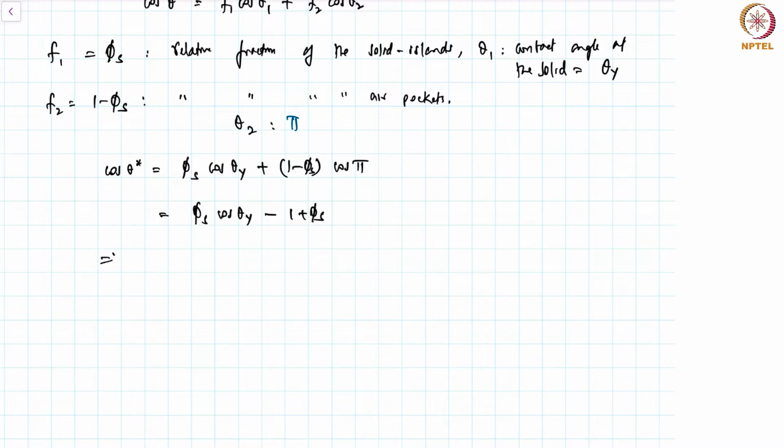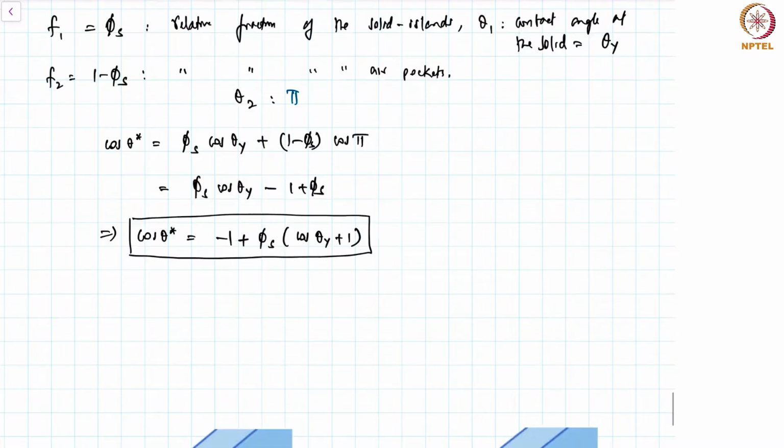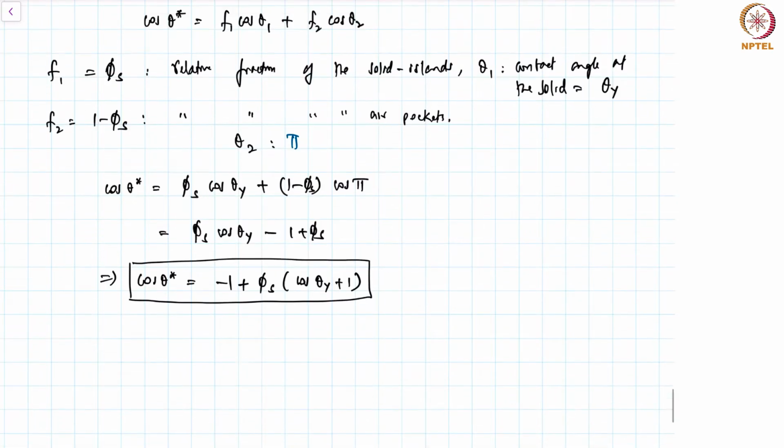And I simply get cosine of theta star is minus 1 plus phi s times (cosine of theta Y plus 1). This is the Cassie-Baxter model with air pockets. Right?